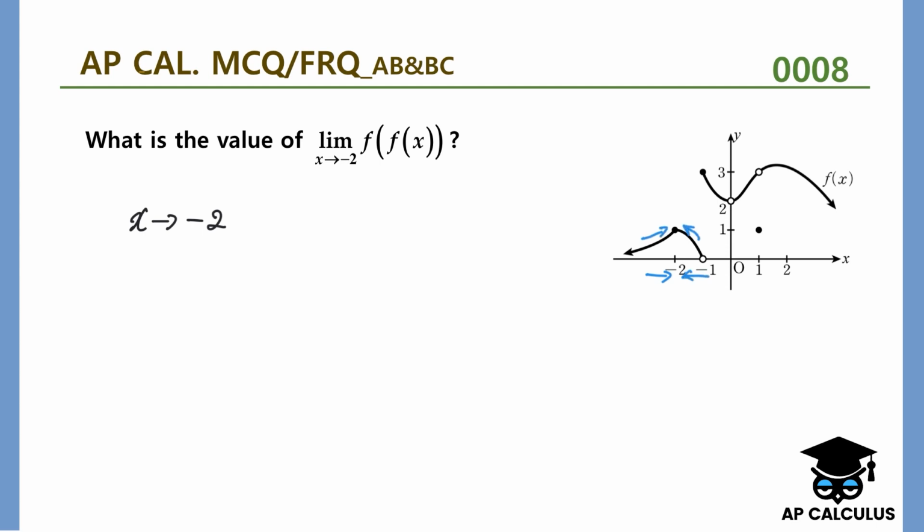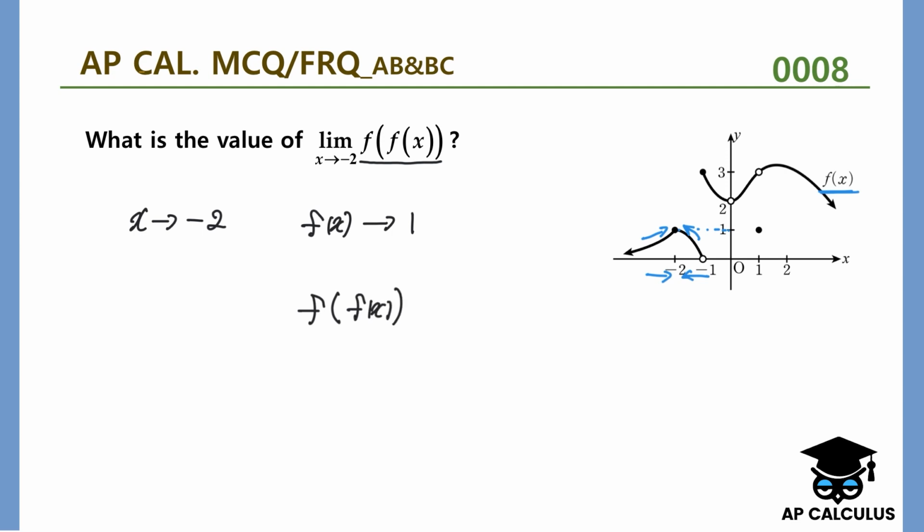So we know that function f of x approaches 1. So as x approaches -2, f of x approaches 1. So far so good? Then what about f of f of x?